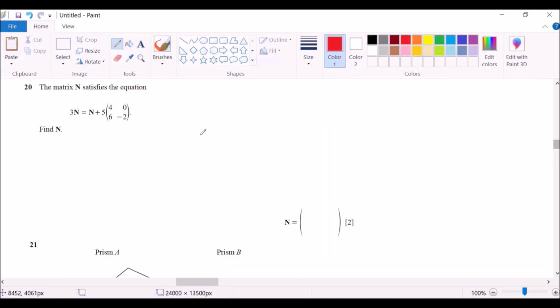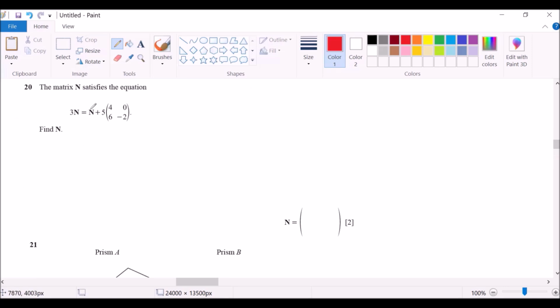When we move over to question 20, the matrix N satisfies the equation 3n is equal to n plus 5 times the matrix (4, 0, 6, minus 2). Find n.